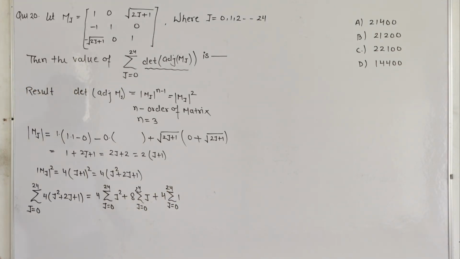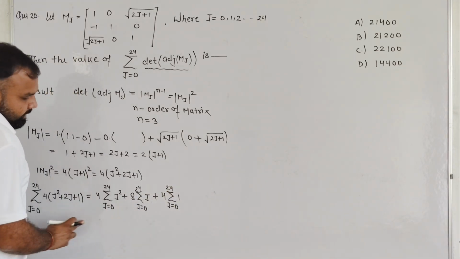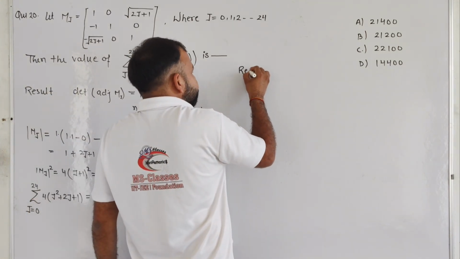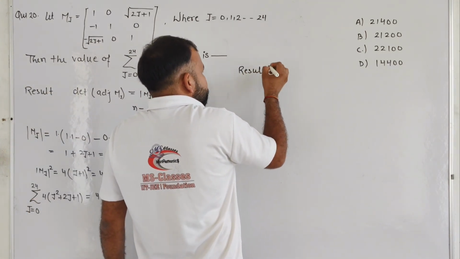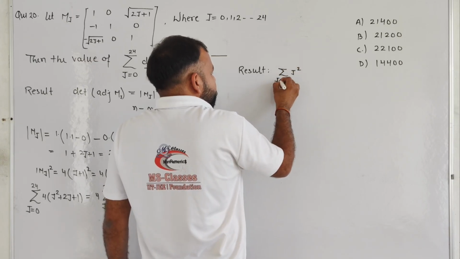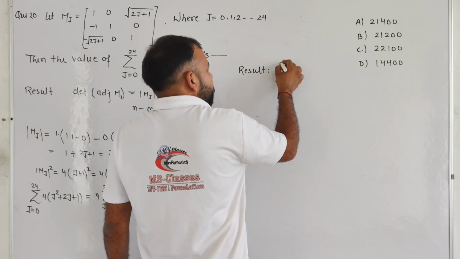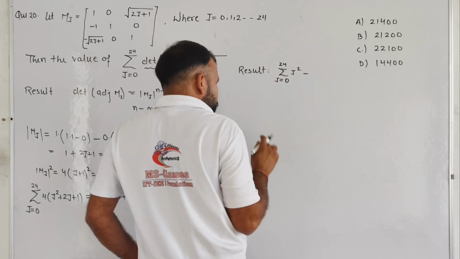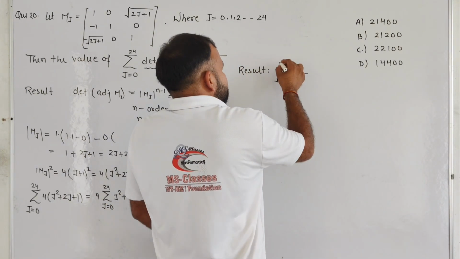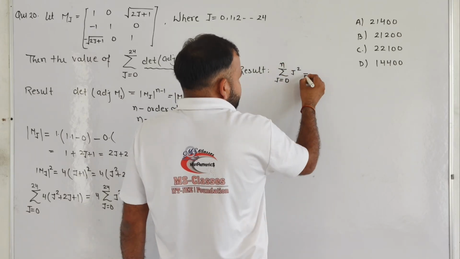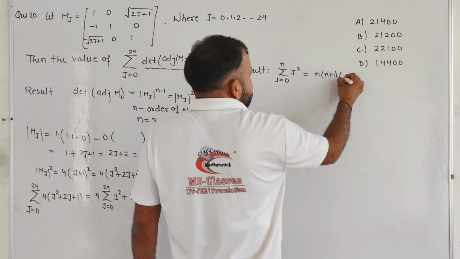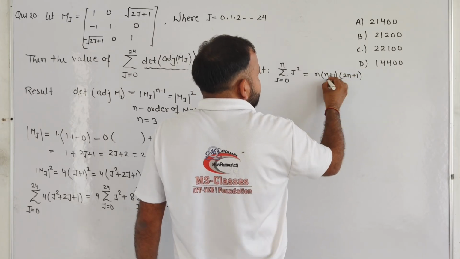You need to calculate the value of these summations. There is a standard result: the summation of j square, j from 0 to n, is n into n plus 1 into 2n plus 1 divided by 6.